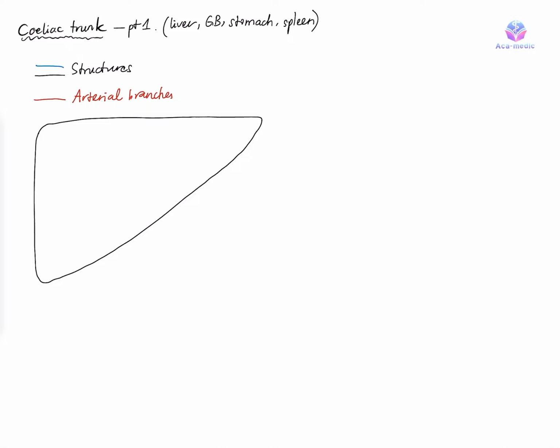Now, we'll draw out the distal part of the esophagus, the part that goes through the diaphragm to go into the abdominal cavity. And from that last part of the esophagus, you would use two C-curves, this one and this one, to represent the lesser and the greater curvature of the stomach.